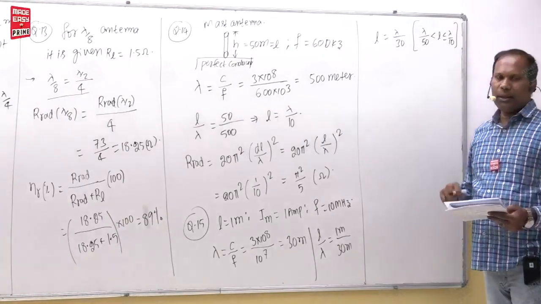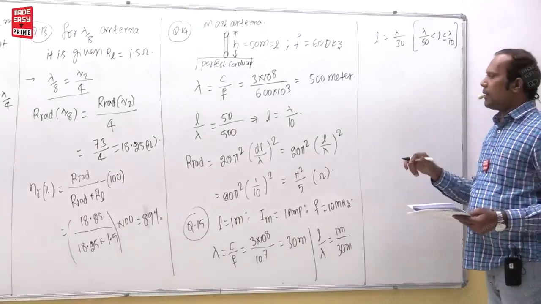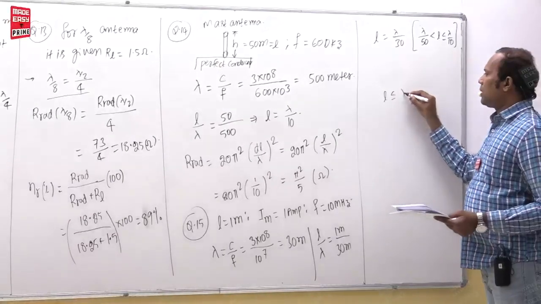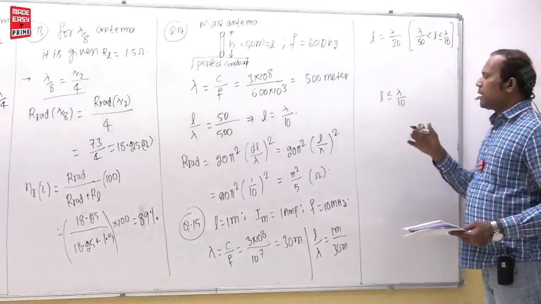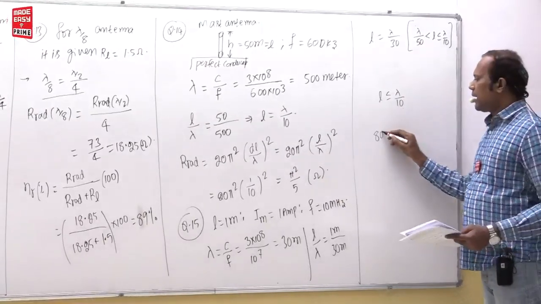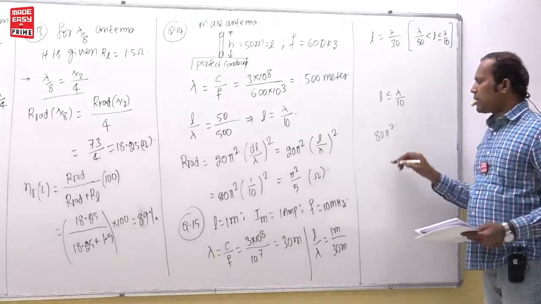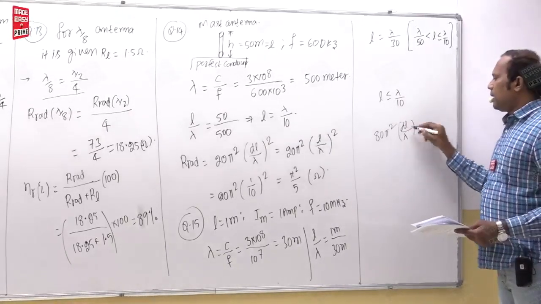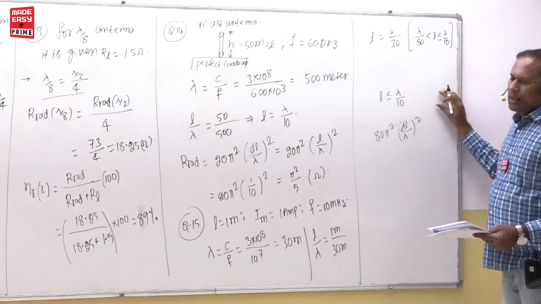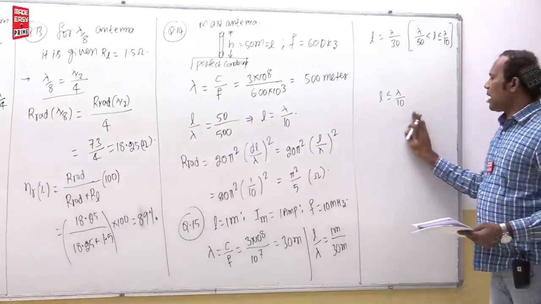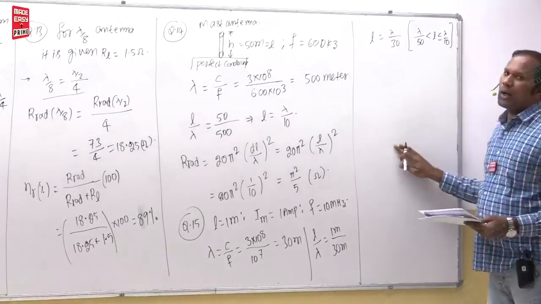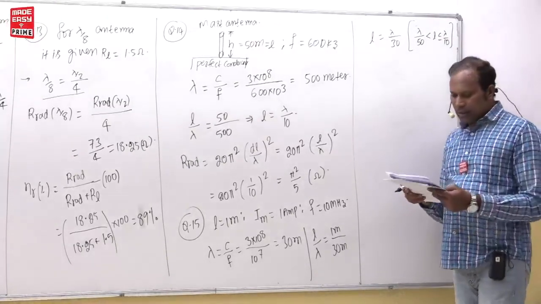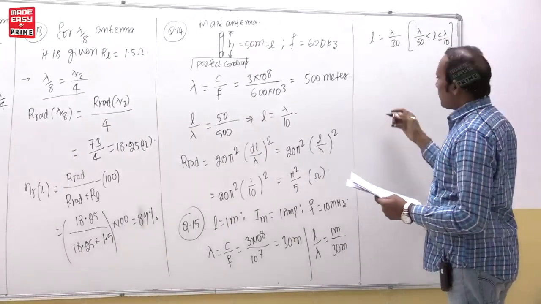If uniform distribution is mentioned, for L less than or equal to lambda by 10, there is no argument, you have to take 80 pi square L by lambda whole square. But if uniform distribution is not mentioned, then it is assumed to be a triangular distribution, and you take 20 pi square.